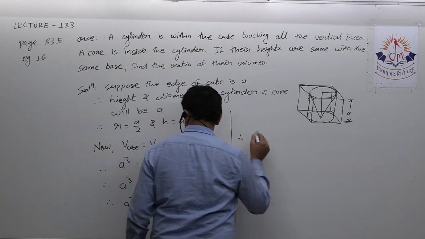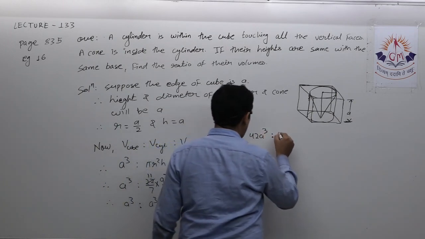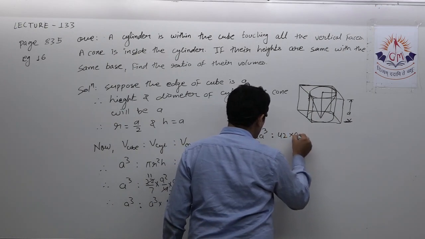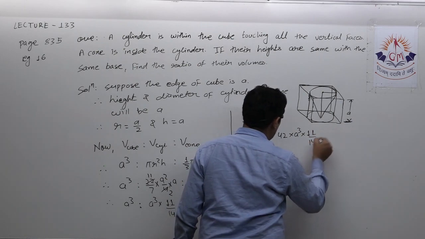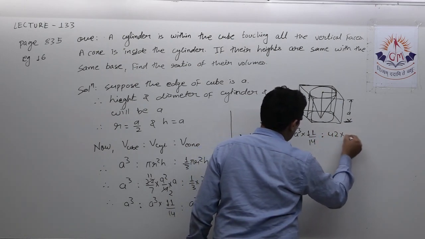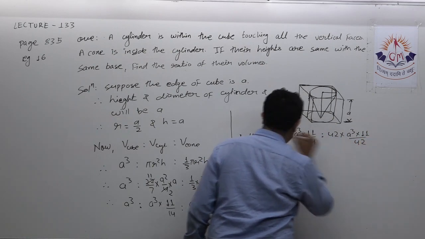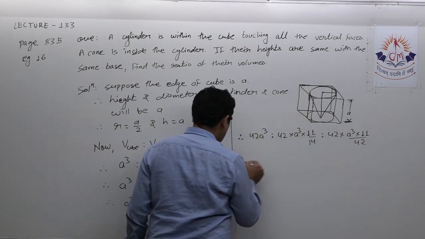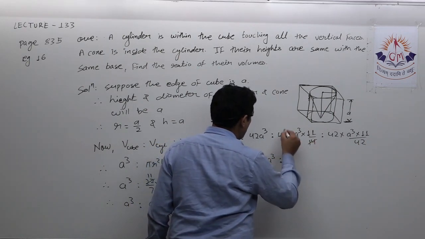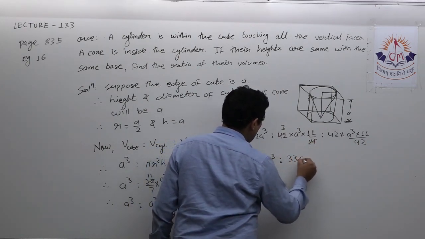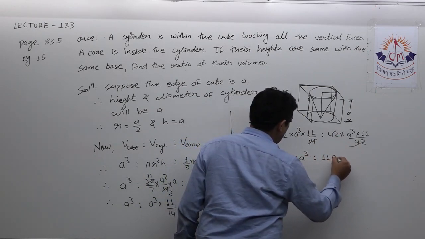Therefore, now 42 a cube is to 42 into a cube into 11 upon 14, that is 33 a cube, is to 11 a cube.